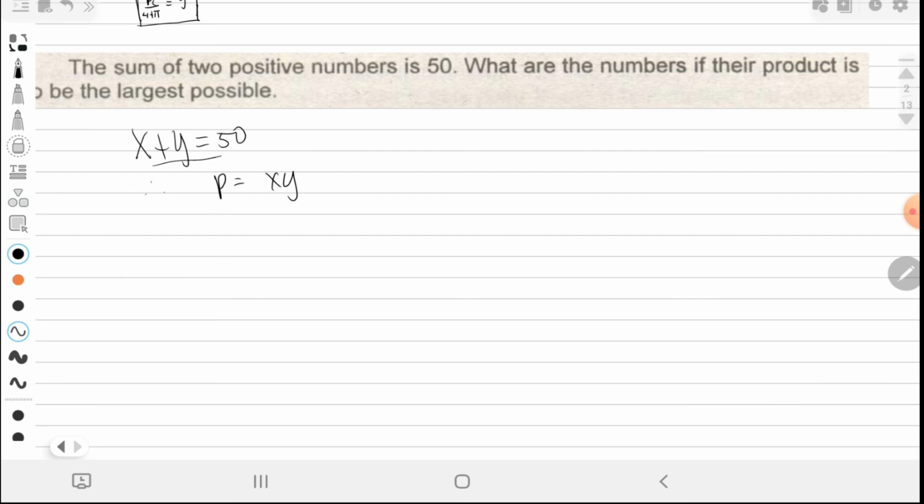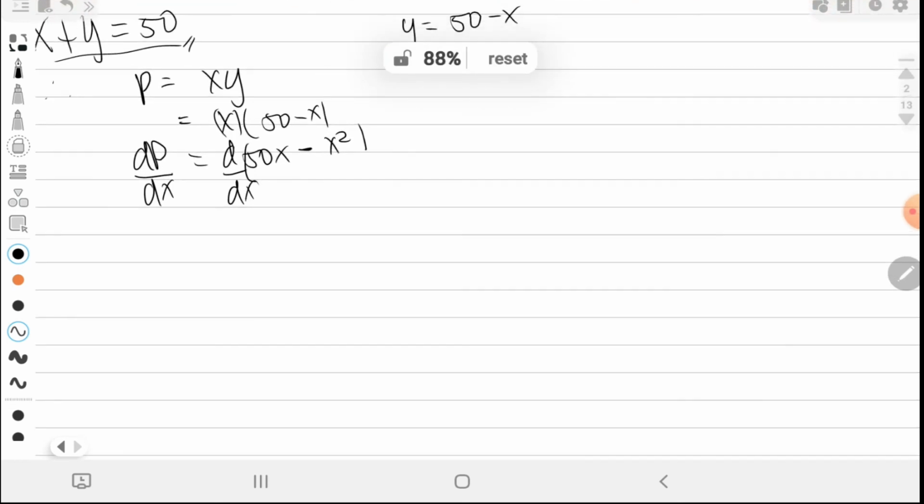So, gawin natin to. We have y is equal to 50 minus x. We'll have a value equal to x multiplied by 50 less x. So, therefore, we have 50x less x squared is equal to P. Product, so the derivative of product with respect to x is equal to the derivative of 50x less x squared with respect to x.